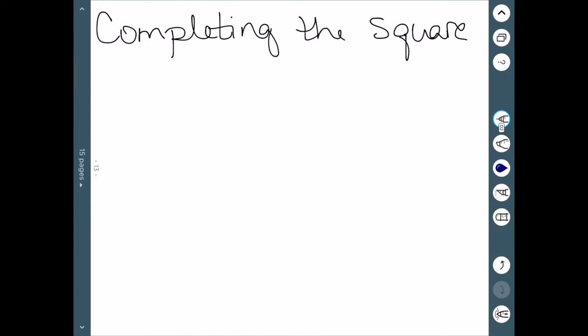We'll now look at completing the square. So completing the square is to basically take something and write it in the form x plus a squared or x minus a squared.